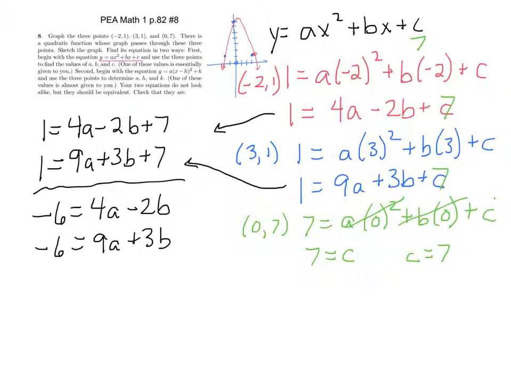Okay. So once I have that, I want to be able to eliminate some stuff here. I'm looking at these numbers, and I think the easiest to eliminate are usually the smallest. If I multiply this by a 3 and this by a 2, I'd have a negative 6 and a positive 6, and then I can eliminate. The thing is, when I multiply, I've got to multiply the whole equation.